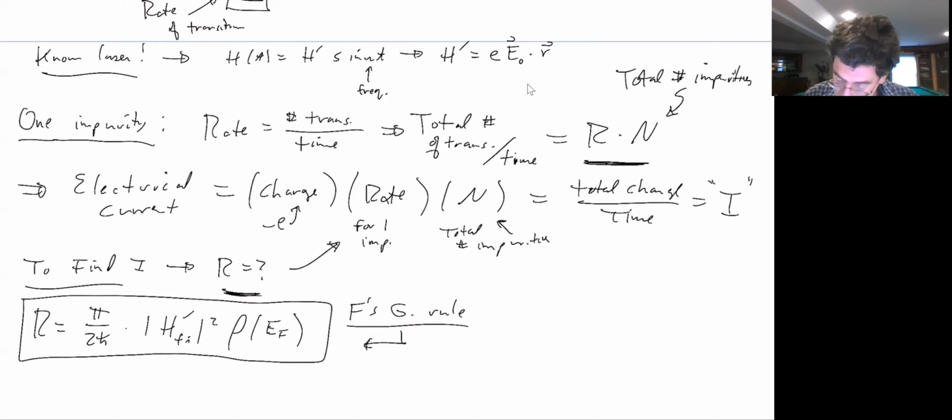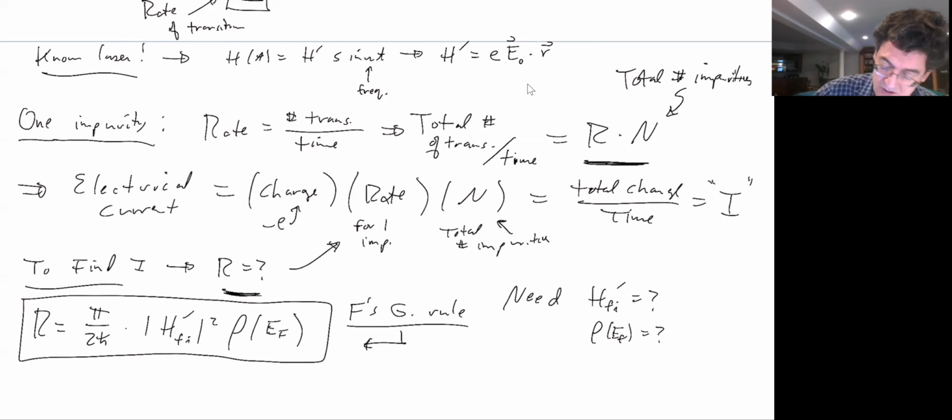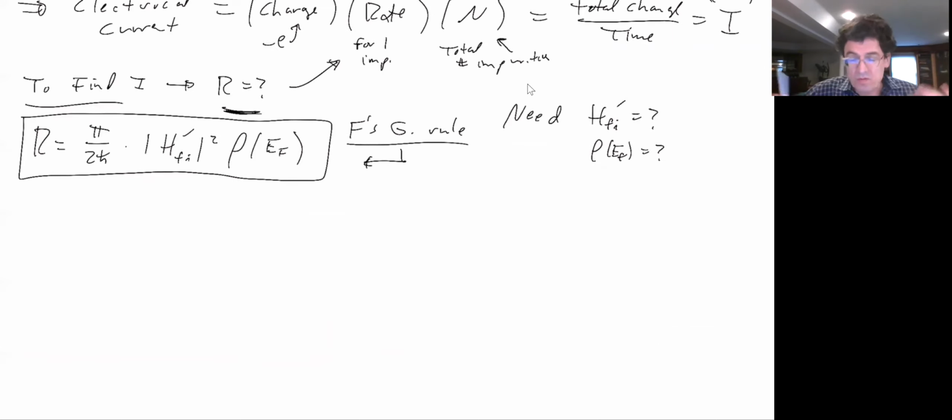So we need two things. We need to know what this matrix element is, and we need to know what this density of final states is. So let's calculate those two things, and then we'll know the rate, and then we'll know the current, and then we'll know which circuit to buy, and then we'll make a bunch of money and stop all the bad burglars.